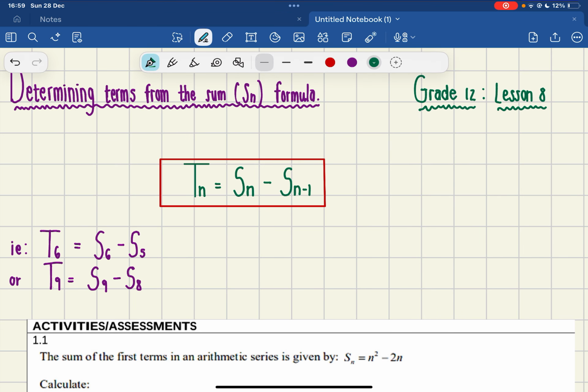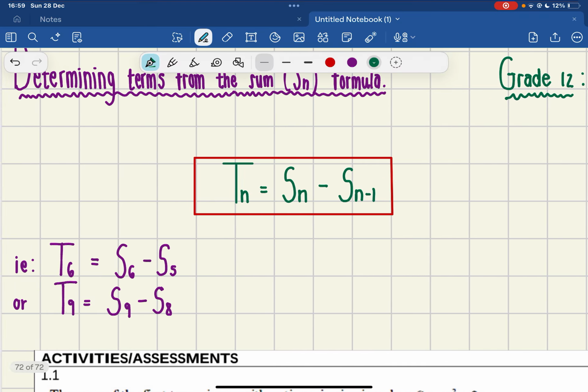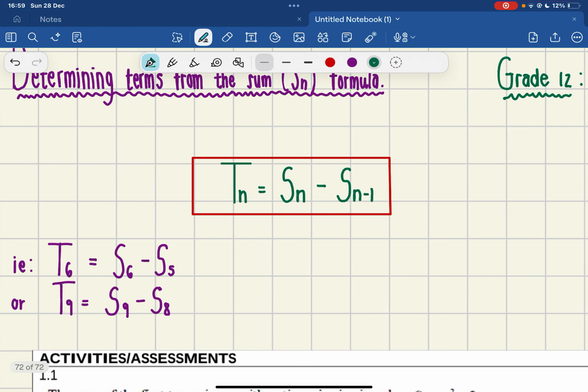You would be given the sum formula for a certain question, and they can ask you to provide the 7th term, not the sum of the first 7 terms, but rather the 7th term. What you would do is utilize this formula, which is straightforward: Tn is equal to Sn minus Sn minus 1.